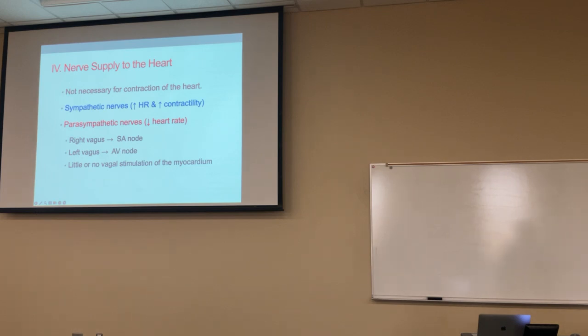So the more blood that fills the ventricles, the more blood that's going to be pumped by the heart. But if you increase the rate, that's less time for the ventricles to fill. There's going to be less blood in the ventricles, and so less blood will be pumped out. So that's going to counteract the effects of increasing the heart rate.